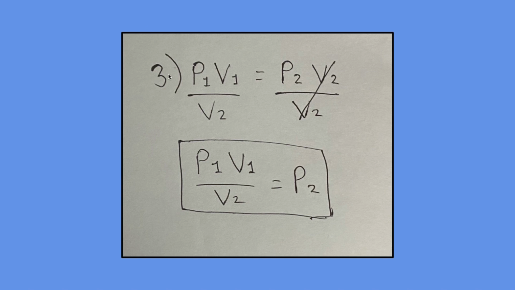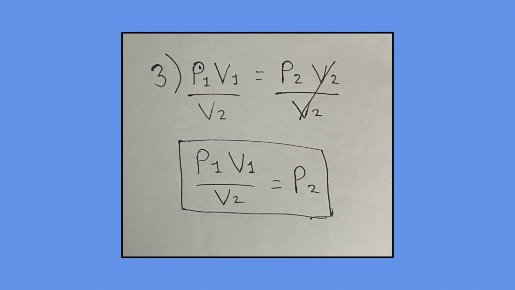Now for the final question, at first it seems like the numbers are pretty big because it's P1V1 equals P2V2. But treat it like any equation. We know how to do it.